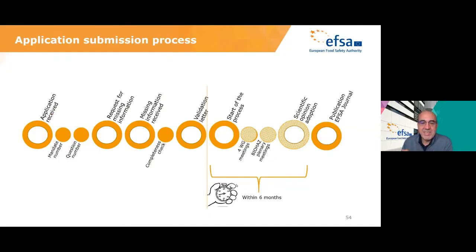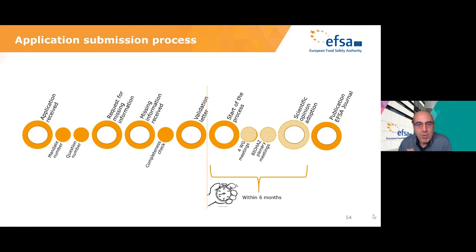Okay, now in the next few minutes, we'll try to explain the next step of the whole process. We have covered so far all that has to do with the preparation of the dossier, the submission of the dossier to EFSA, all the administrative procedure, also the confidentiality.